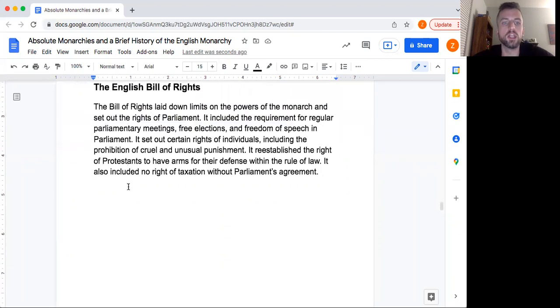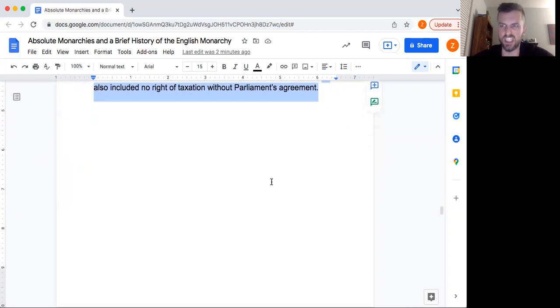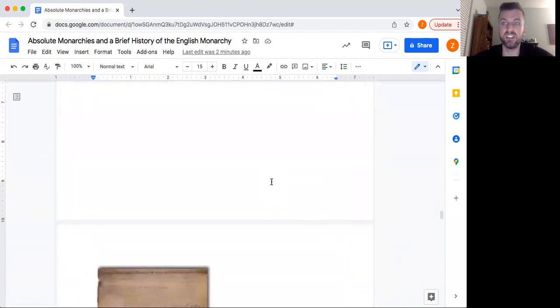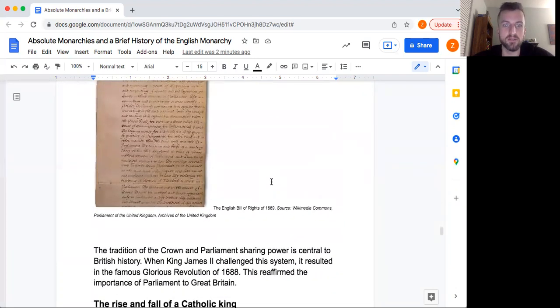It also included no right of taxation without Parliament's agreement. No taxation without representation. Well, that sounds very American. That is English first. All right, well, there's a little picture of the English Bill of Rights.